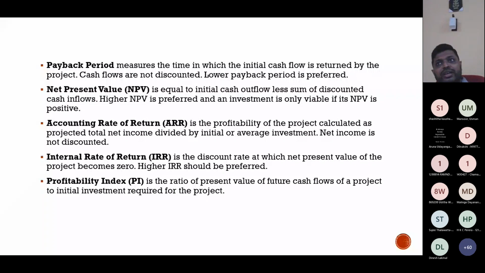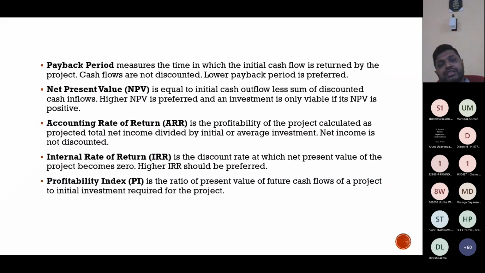You can calculate it using the initial investment and the net accounting profit. Remember, this is a non-discounted, sometimes non-cash flow technique. Why am I saying non-cash flow? Accounting profit contains depreciation and other estimates.